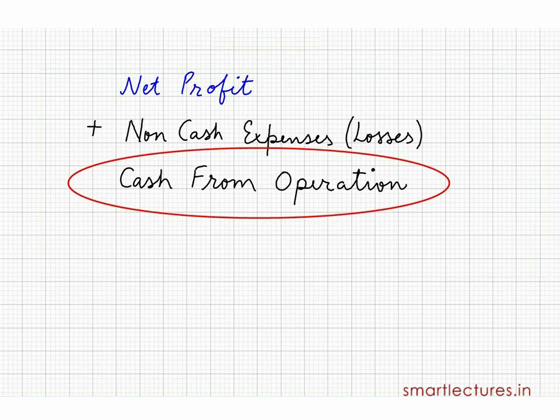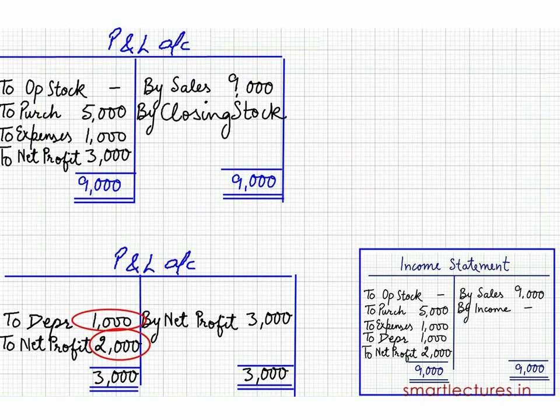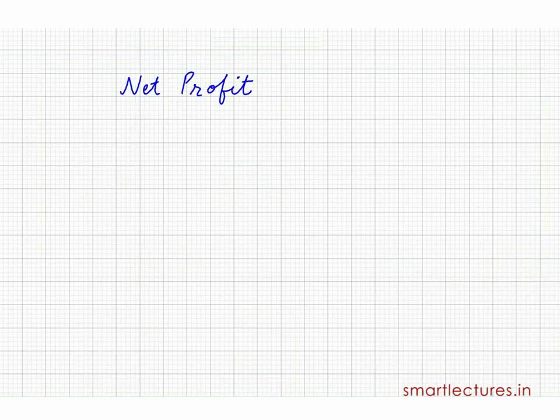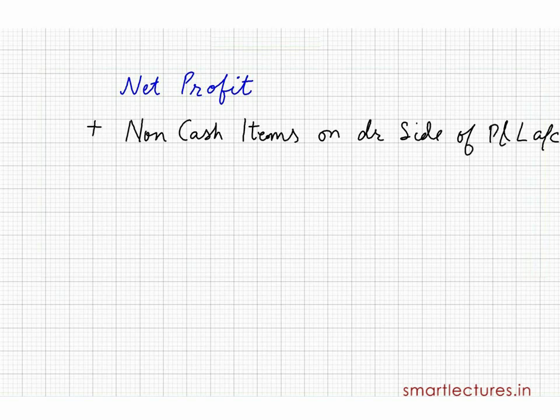So the best way is net profit 2,000 plus depreciation 1,000, total 3,000. This is cash from operation. So what's the formula? Net profit plus all non-cash items on the debit side of the income statement, and you will arrive at cash from operation or cash generated from operating activities.